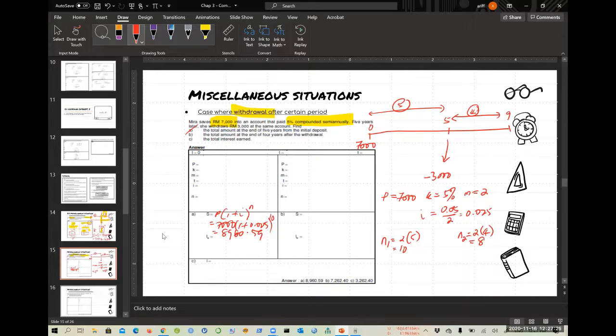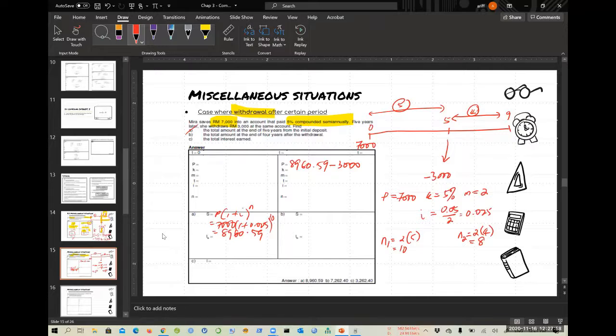And then for the second one, the principal has changed. So at the end of the 5 years, you already have 8,960.59. And then she withdraws 3,000 from the account. So right now, your principal will be 8960.59 minus 3,000, because you withdraw.